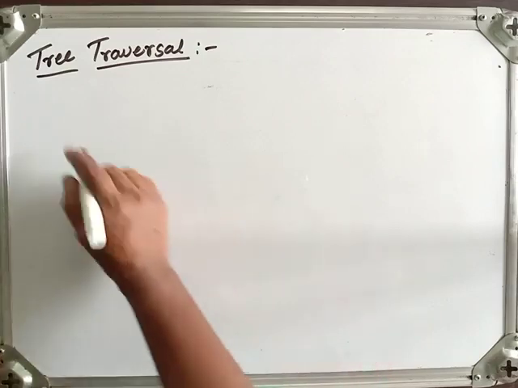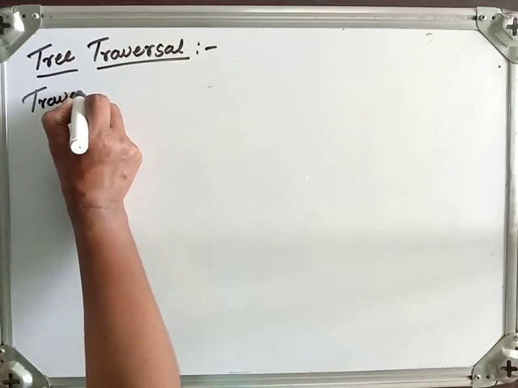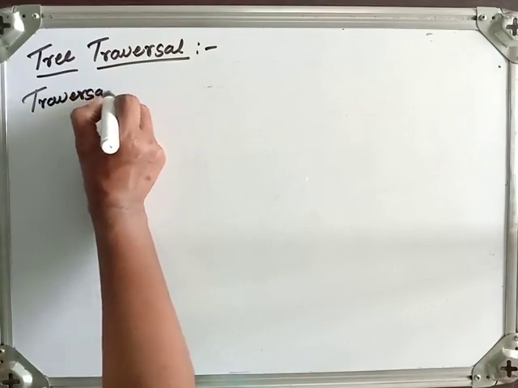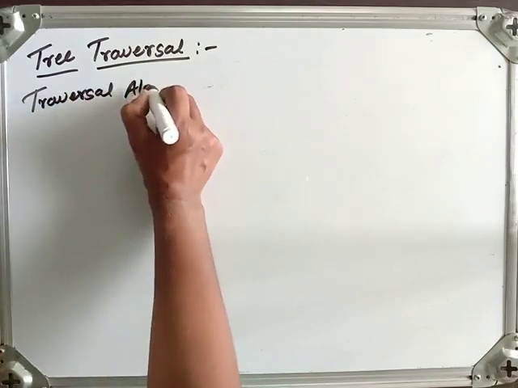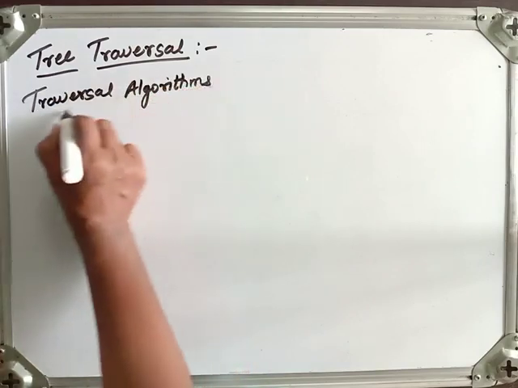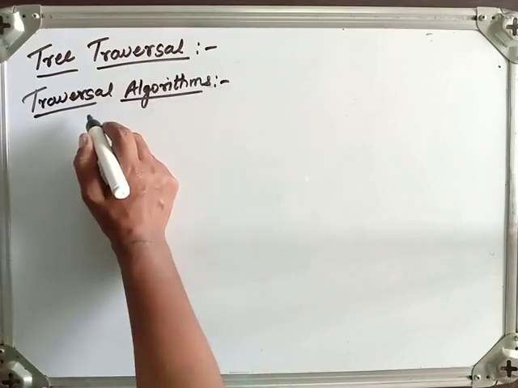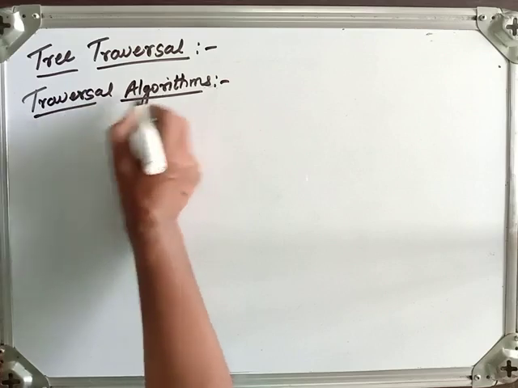Now we have to see the traversal algorithms. There are various algorithms, but among these we have to study 3 in our syllabus. What is the definition?